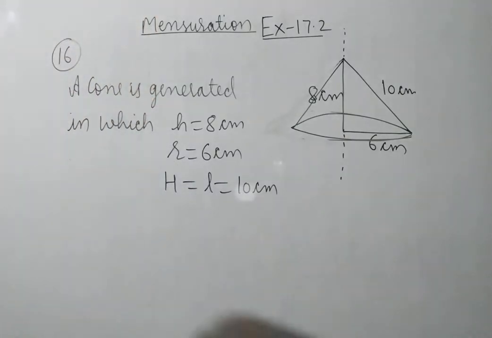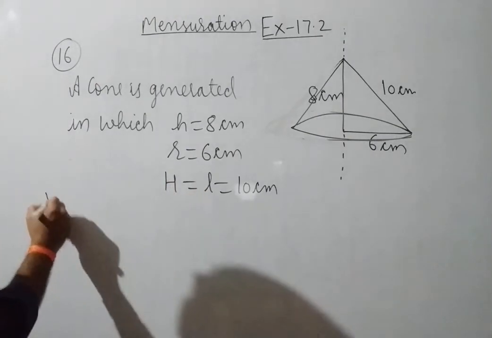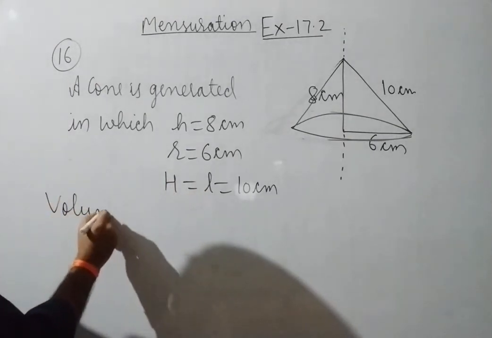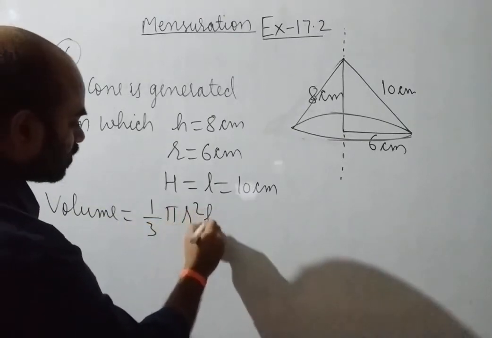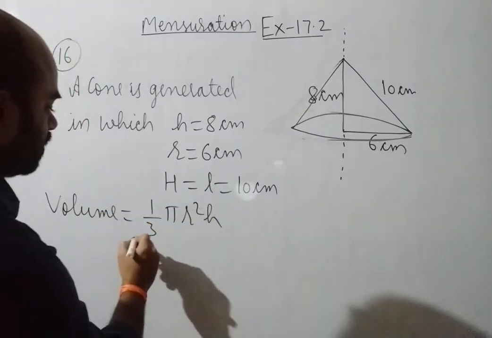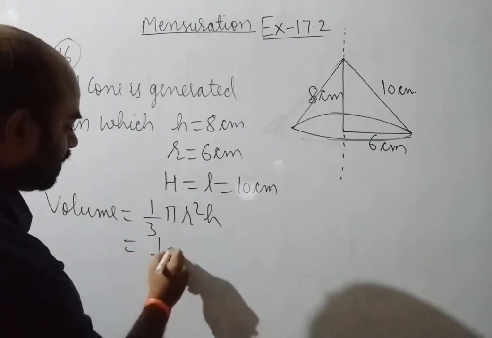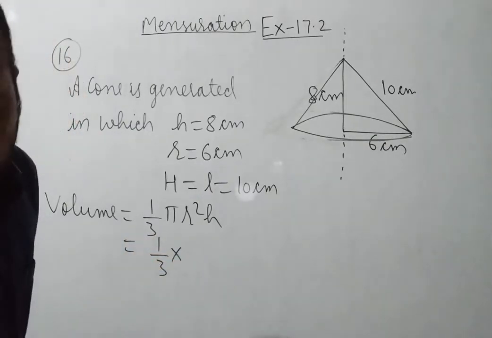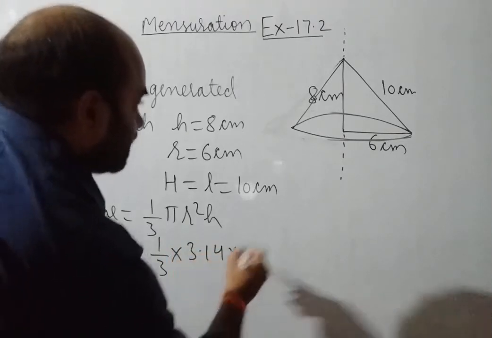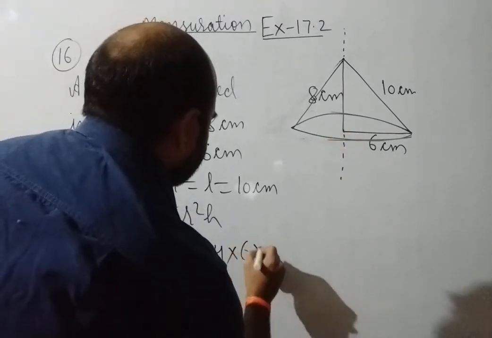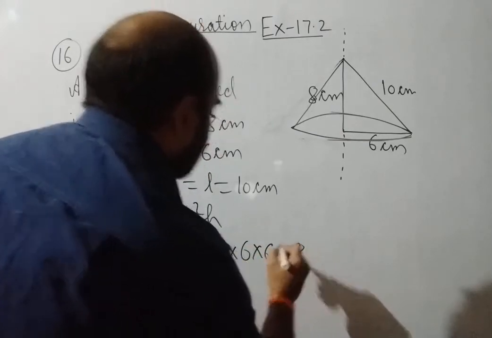So volume and curved surface area. Volume will be 1 upon 3 pi r square h. So that will be 1 upon 3 pi. It is mentioned we have to take 3.14. 3.14, radius 6, height 8.